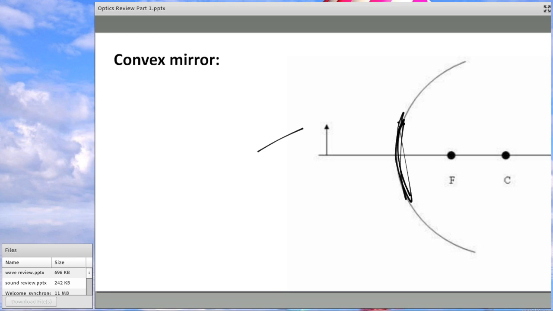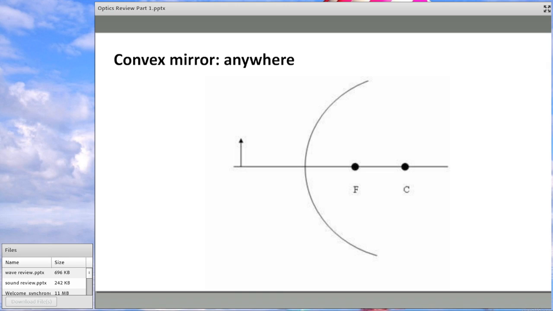They just have these on this side because it's curved that way. Anywhere on a convex mirror, the diagram is going to look exactly the same. So let me do the diagram for you.